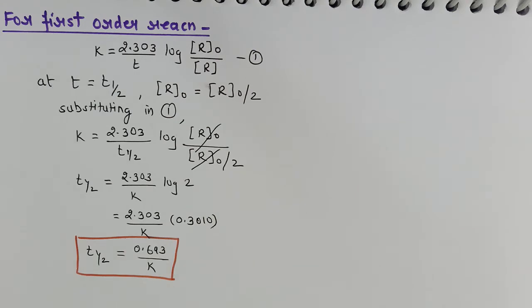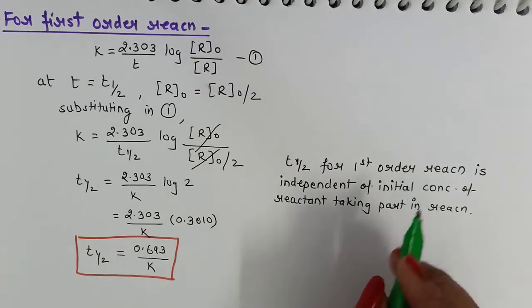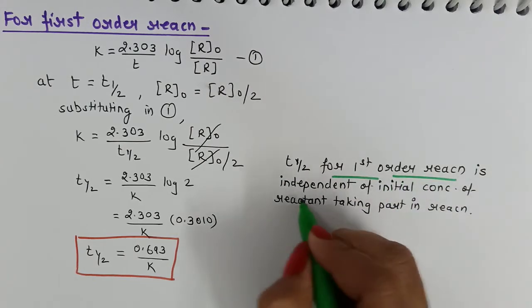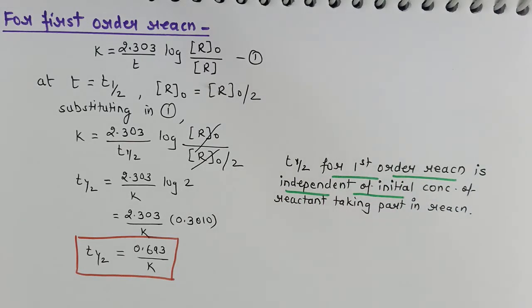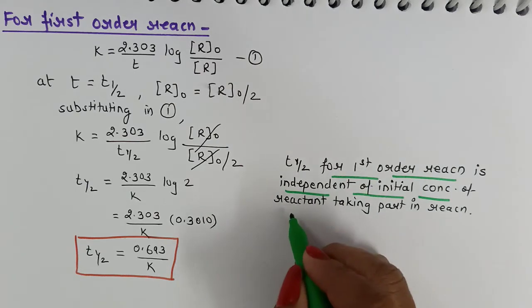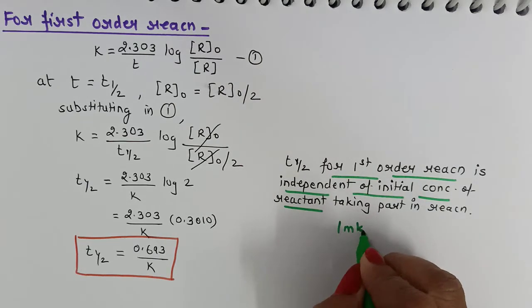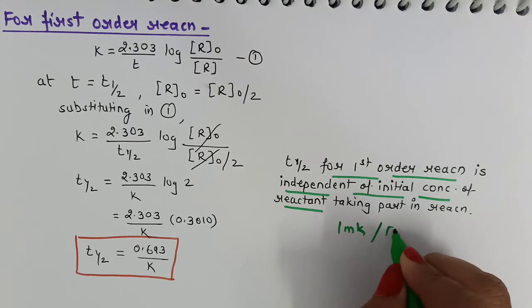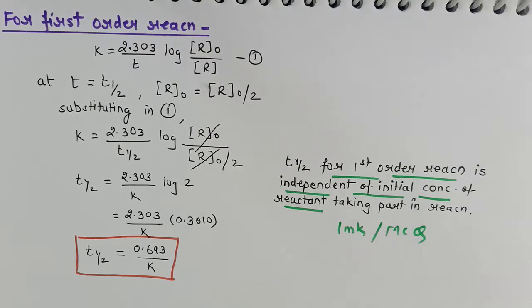From this formula, we can say that the T half for the first order reaction is independent of the initial concentration of the reactant. Based on this statement, especially in case of first order reaction, we can expect a 1 mark question or any MCQ type of question.